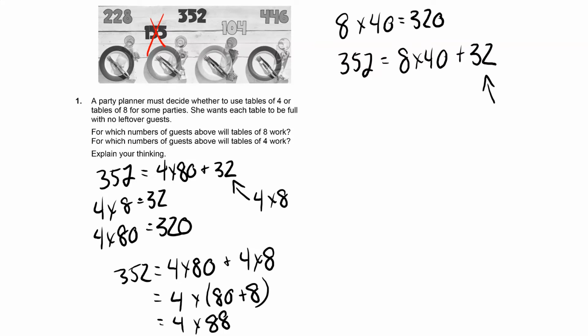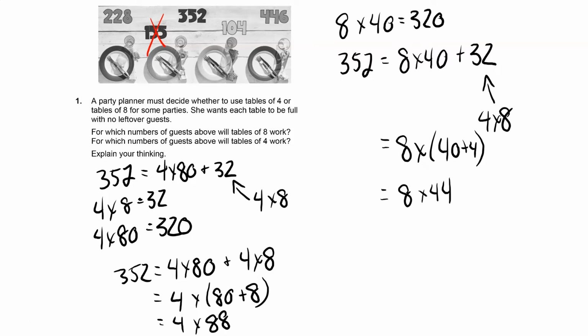And then I have the same question: is 32 divisible by 8? And of course, I learned down here that it is. So 4 times 8 is 32. So I have the same situation, 8 times 40 plus 4 times 8. So if I take 352 people and divide them into tables of 8, I would have 44 tables.